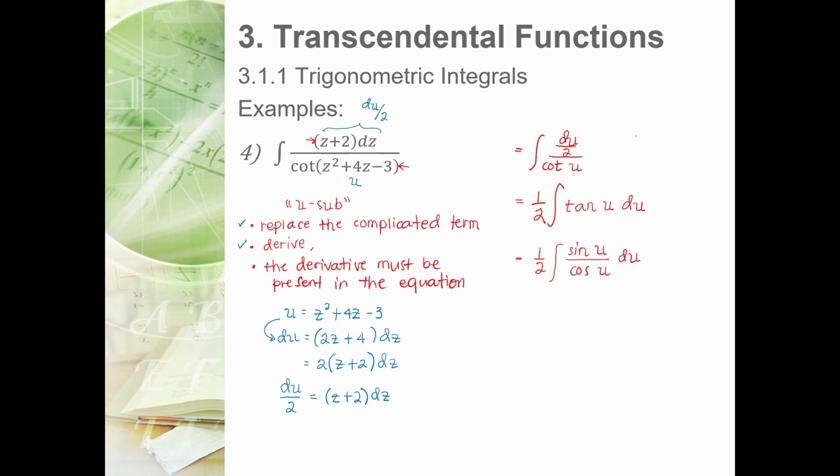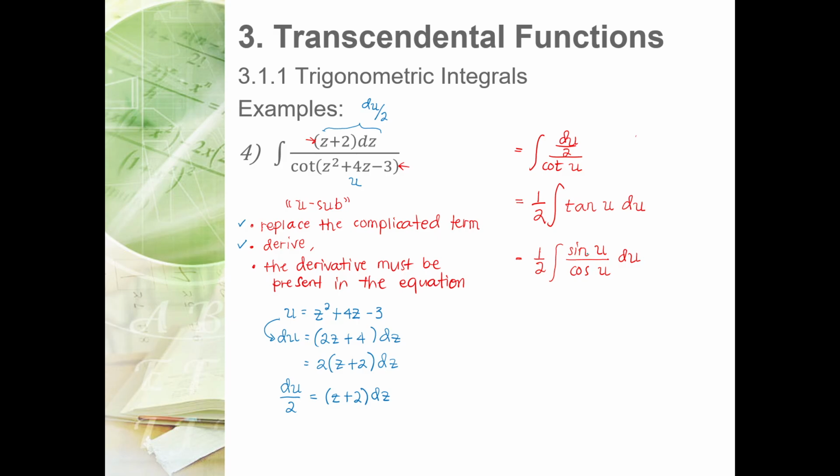Now since we are already using the u parameter, you can use another technique or you can use another variable. So let's try. Again, always determine the complicated term. So here, there seems to be no complicated term, right?